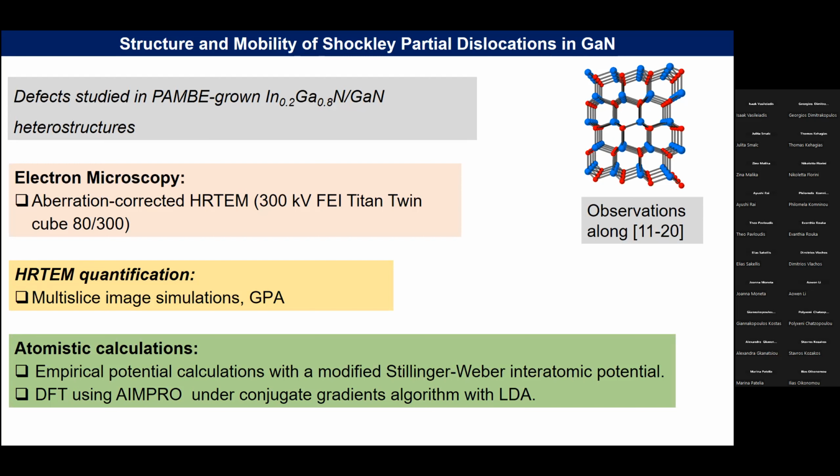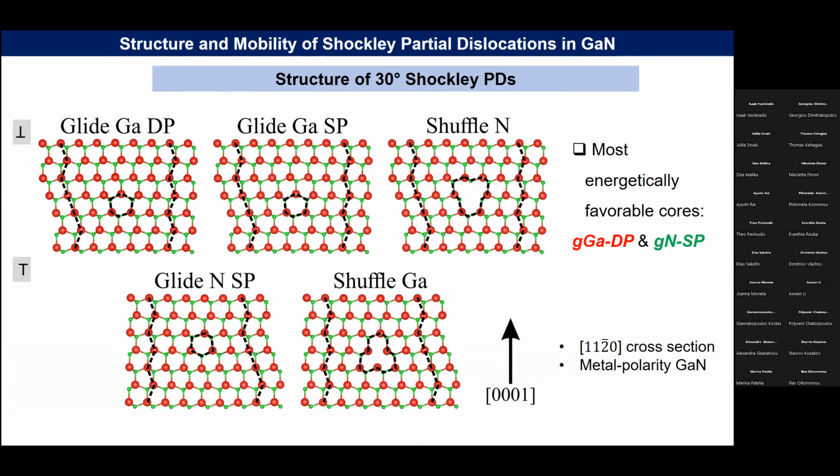The HRTEM quantification was performed by using multi-slice image simulation and GPA. And in this case, again, the atomistic calculations were important to correlate the experimental images with structure.